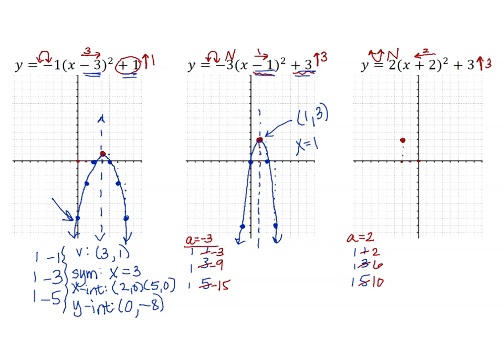And it's going to open up. So starting from my vertex, I'm going to go over 1, up 2, over 1, up 1, 2, 3, 4, 5, 6, and that's about all I'm going to be able to fit. I'll do the same thing on the other side. Draw in my curve.